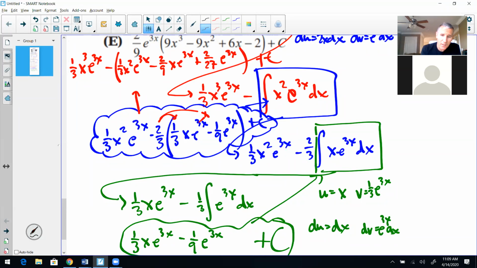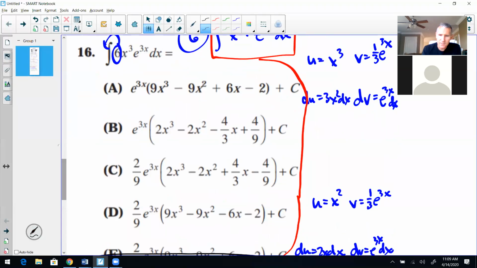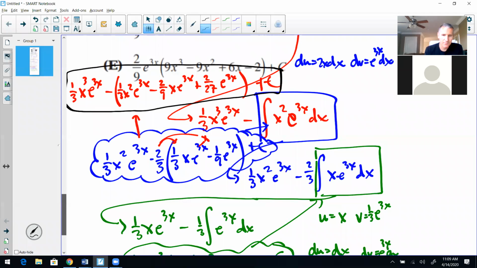And now this whole thing is going to go up where that is, right? So I now need to multiply everything that was down there by 6.